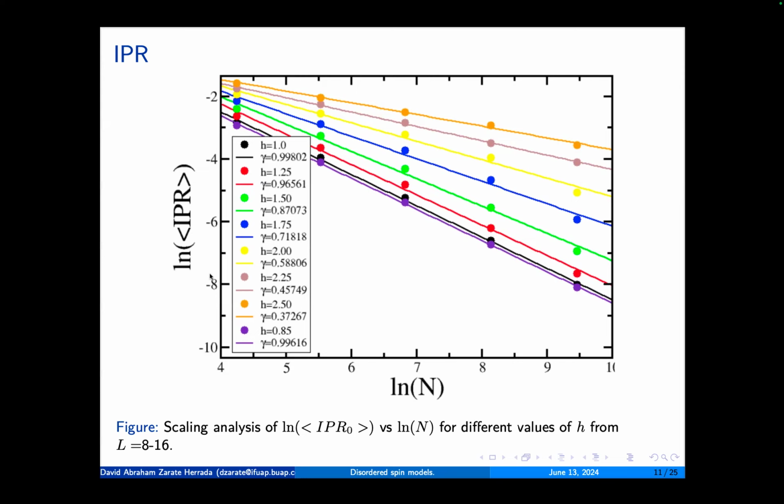When we increase the value of H, the value of this exponent gamma decreases, and that means we have states neither localized nor extended.